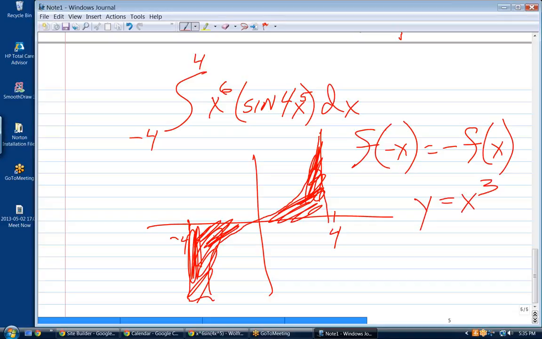We'll get 0 because this is negative area over here, this is positive area over there. So if we want the area of the red shaded, I'd go from 0 to 4 and multiply it by 2, or you could go from minus 4 to 4 of the absolute value of that, which will also give you the same thing.